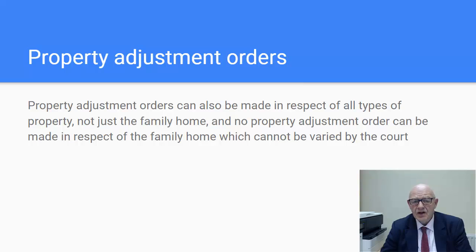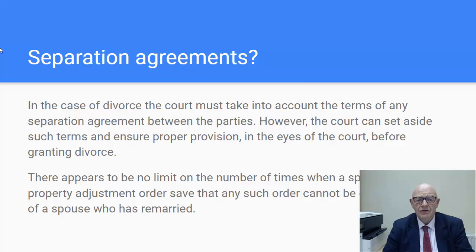Property adjustment orders can actually be made in respect of all types of property, not just the family home, and no property adjustment order can be made in respect of the family home which cannot be varied by the court. So that makes the point that I was making just now. The court has a huge discretion when it comes to making property adjustment orders, and will do so in the particular circumstances, having looked at the affidavits of means and the means of the parties and so forth.